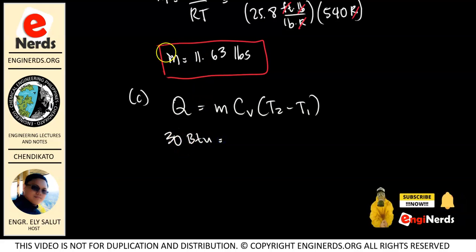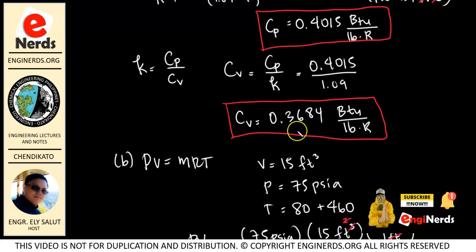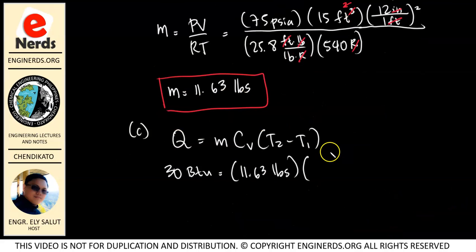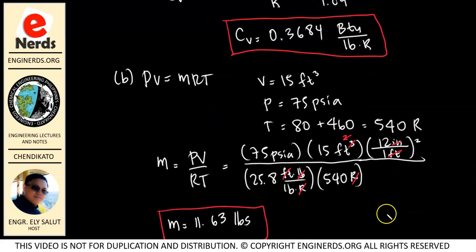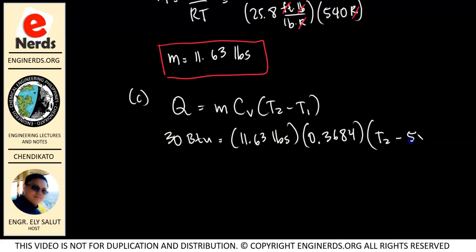We already got our mass, which is 11.63 pounds. And Cv, we also already know the value of Cv, which we got here: 0.3684, times T2 minus T1, where T2 is unknown. Our T1 is 540 Rankine.